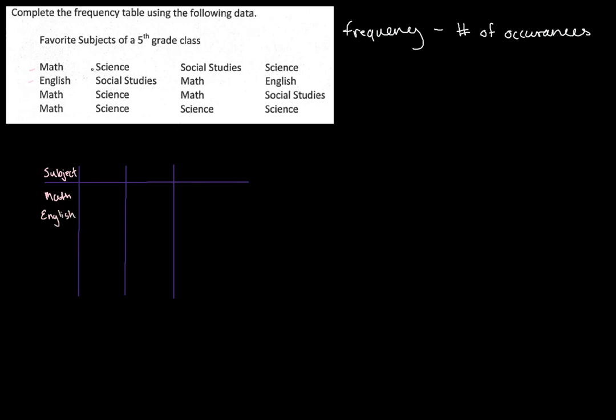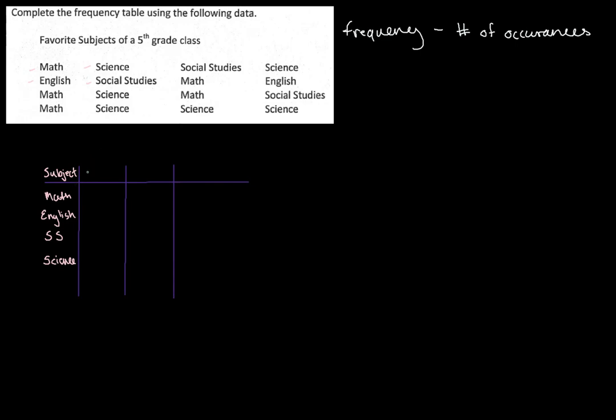We have social studies. We'll do social studies. We have science, right? And then that's it, right? So we had our 5 core subjects, and they want us to figure that tally out.